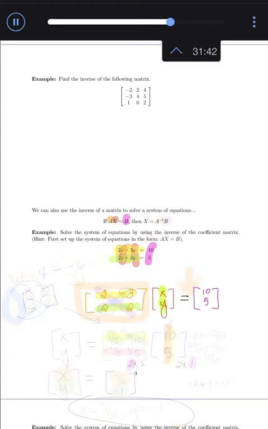Now, what does this tell you need to do to solve for the X and Y, the matrix that has X and Y? Well, it says to solve for the matrix that has X and Y in it, that's our matrix X, you take the inverse of which matrix?